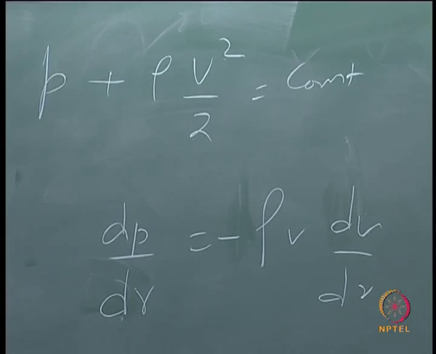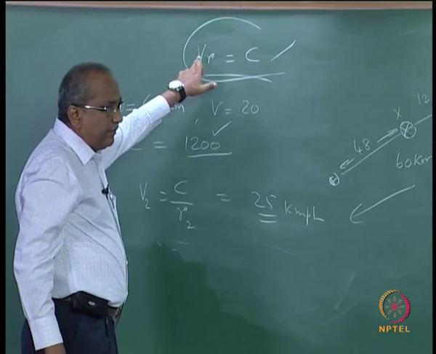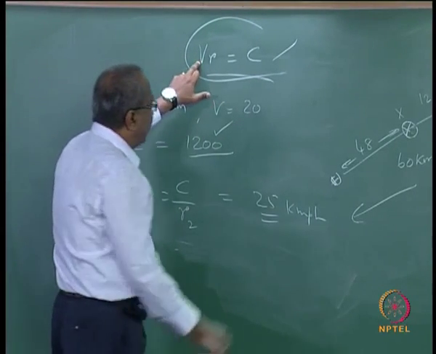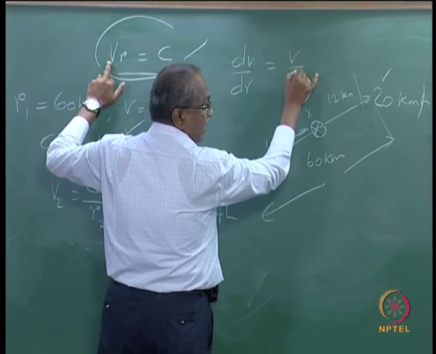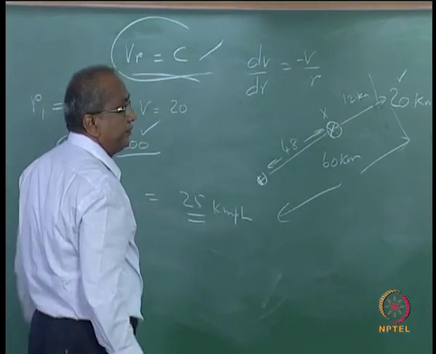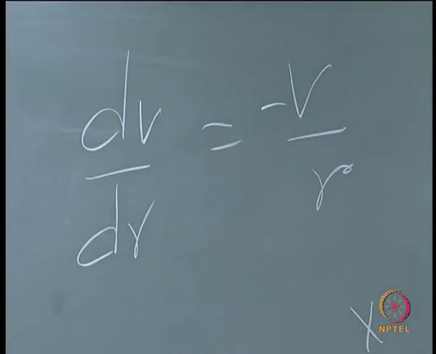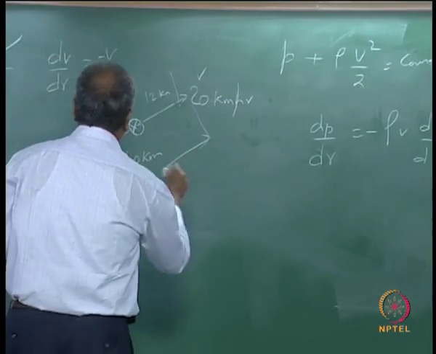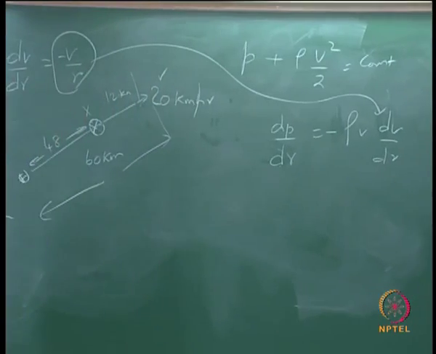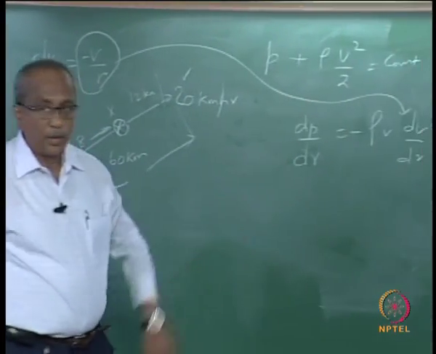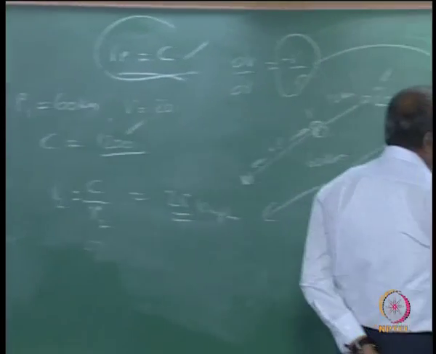Now we already know that this is the vortex formula. When you differentiate it, you can get dV by dr equal to minus V by R. Is that clear? So for dP by dr you use this here, and you are going to get rho into V square by R.